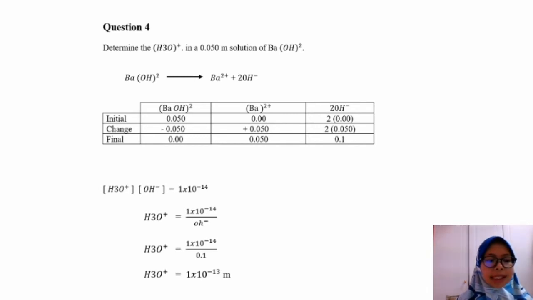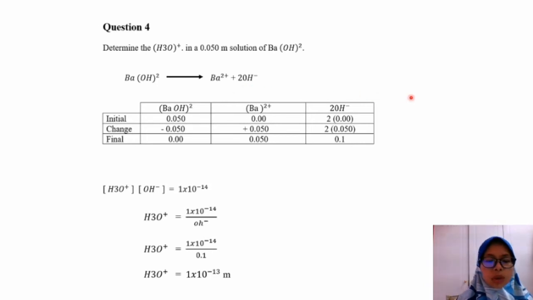When it dissociates, it will dissociate completely. We have the base which is Ba(OH)2, so it will dissociate completely to Ba2 positive and 2 moles of OH minus.